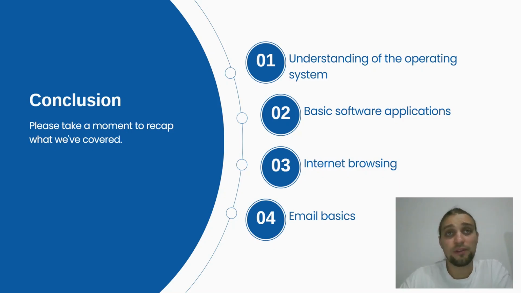We also delved into the world of internet browsing, understanding how to navigate the web, use search engines, bookmark pages, and ensure our safety online. Finally, we discussed email, which is a vital tool for communication in today's digital world, and learned how to create an account, send and receive messages, attach files, and organize our inbox.